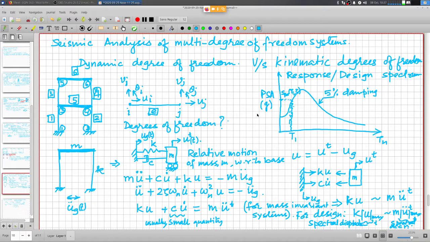That makes it so revolutionary. The concept of response spectrum is so revolutionary. It was originally proposed in around 1934 by Maurice Biot. He was a professor at Caltech, California Institute of Technology.